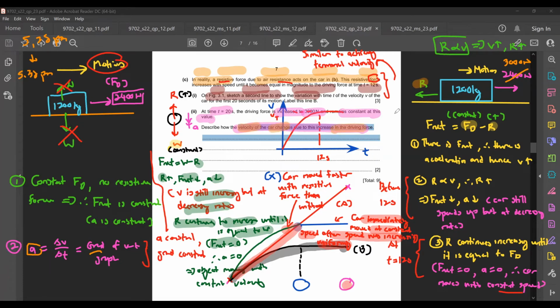Before 20 seconds, let's just say when t equals 20 seconds, your F_T was equal to R. Sorry, F_T is not equal to W, your F_T was equal to R. This one has no F_net, no acceleration.